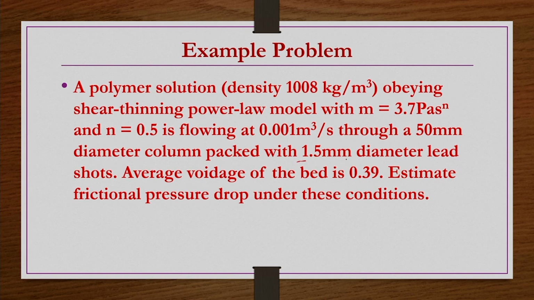So, small d is 1.5 mm, capital D is 50 mm. The n and m values are given, Q is given as 10 power minus 3 meter cube per second, rho is given, average voidage epsilon is given as 0.39. Estimate the frictional pressure drop under these conditions.